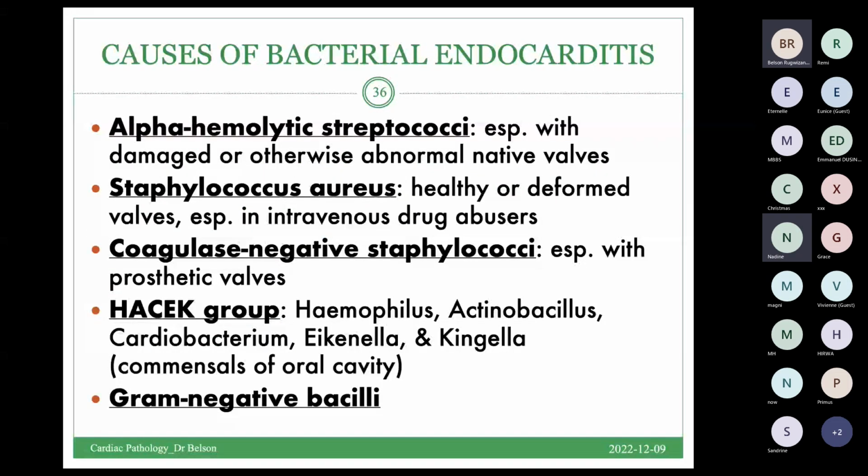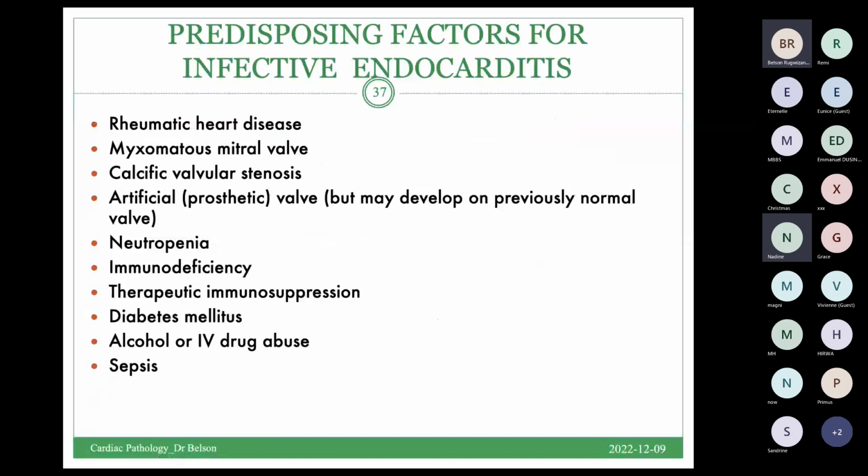So bacterial causes, they are listed here: Staphylococcus, Streptococci, and HACEK, which is an abbreviation of Haemophilus, Actinobacillus, Cardiobacterium, Eikenella, Kingella, and so on. And gram-negative bacilli. So the predisposing factors for infective endocarditis are rheumatic heart disease, myxomatous mitral valve, calcific valvular stenosis.